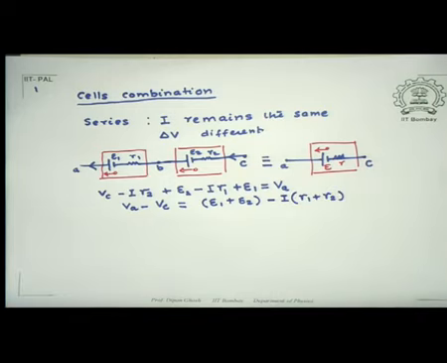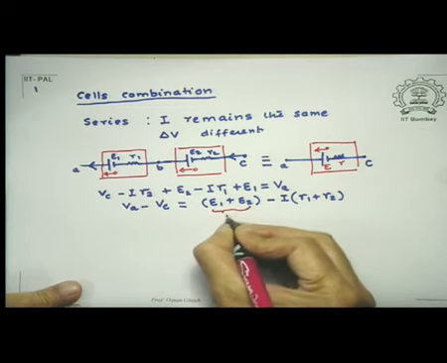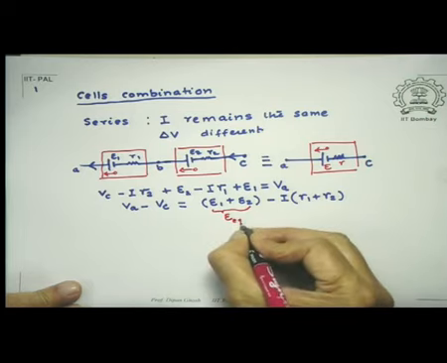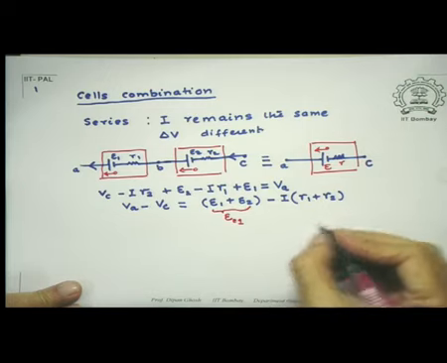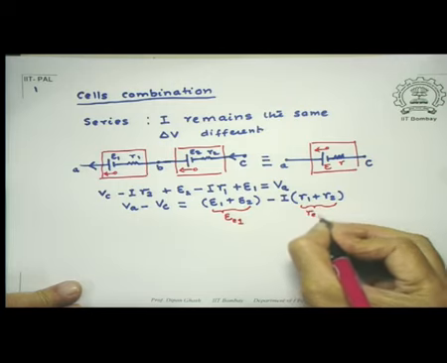So if you look at this expression, it tells you that the equivalent EMF is given by E1 plus E2. So this is E equivalent, and the equivalent internal resistance is simply given by R1 plus R2. So that is Req.